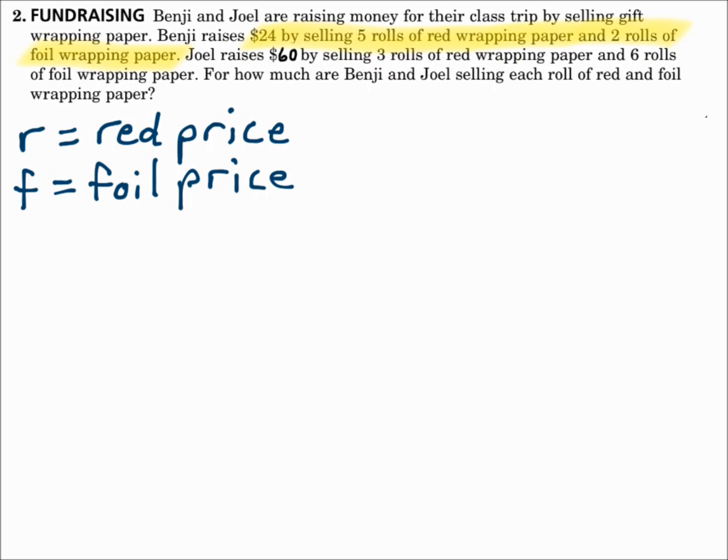Benji raises $24 by selling 5 rolls of red wrapping paper and 2 rolls of foil wrapping paper. So we can say that 5 times the price of red plus 2 times the price of foil equals the total $24.